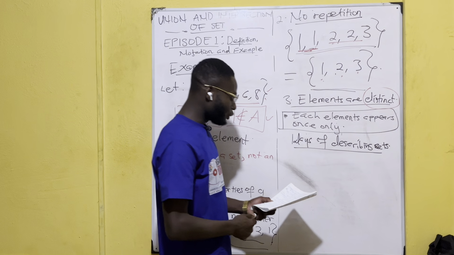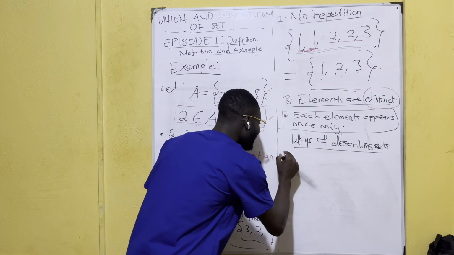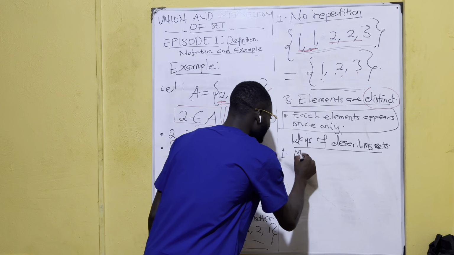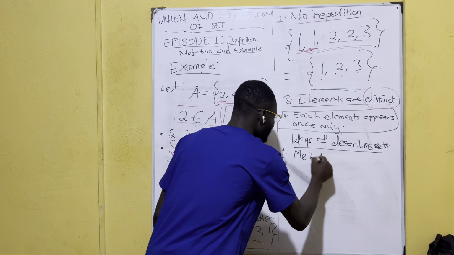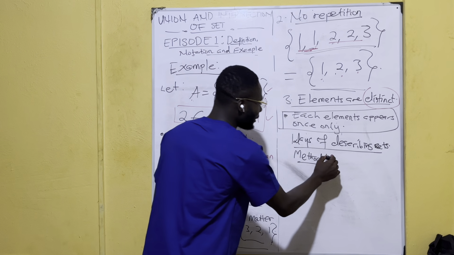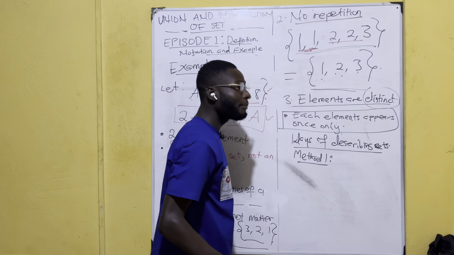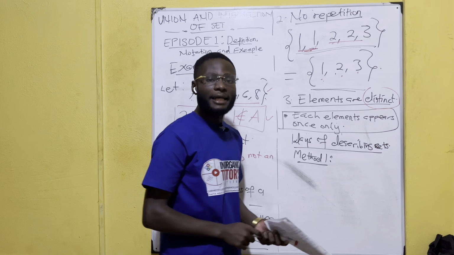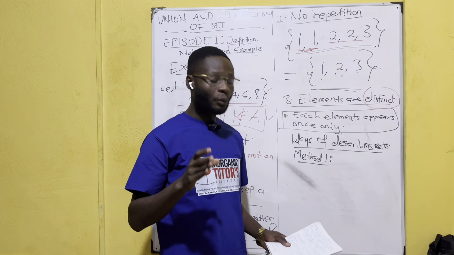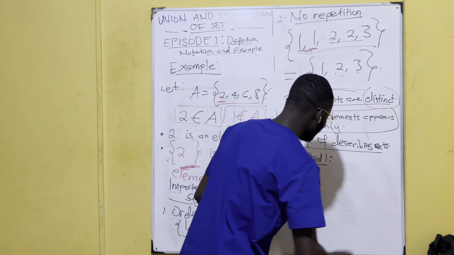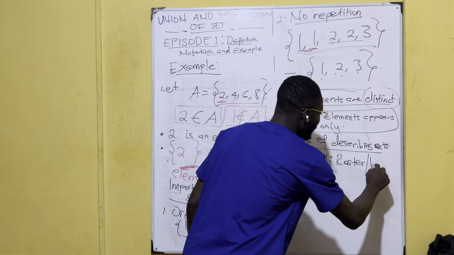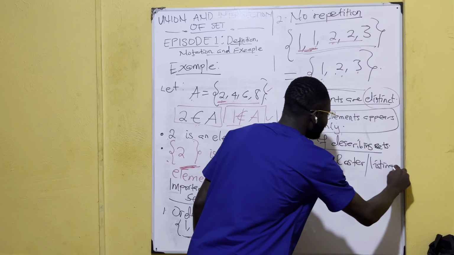All right, so the first method, we call it method 1. For method 1, we use either the roster or the listing form.